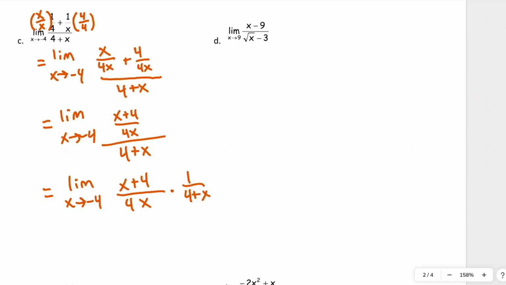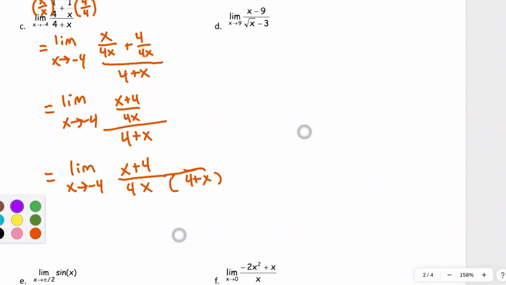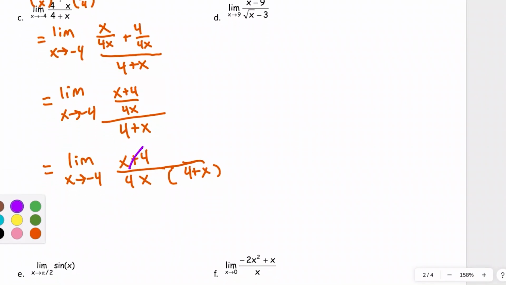I'm not going to write this as a separate step and just go straight to this and erase the 1. So now we can see that the x plus 4 over x plus 4 reduces to 1.